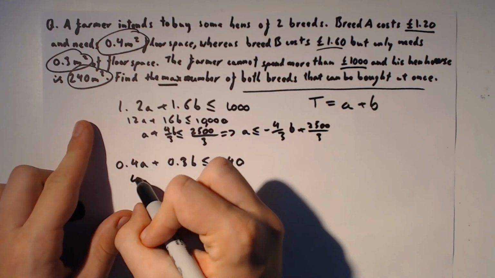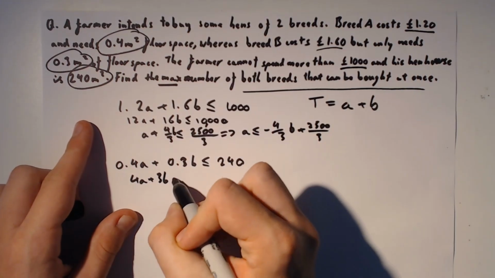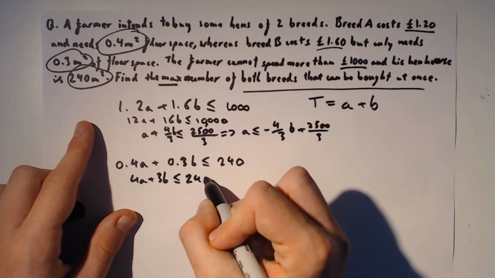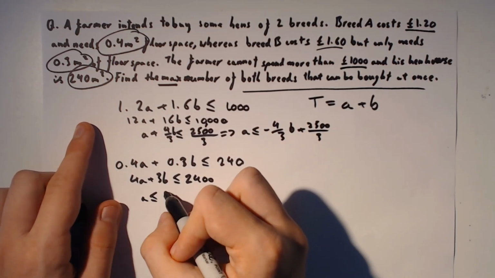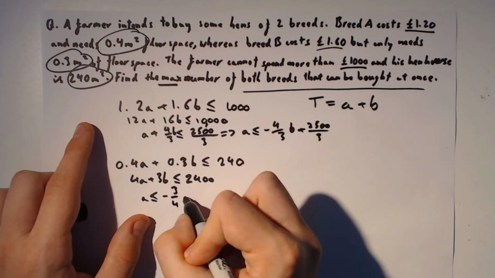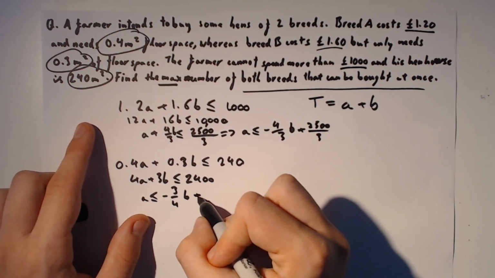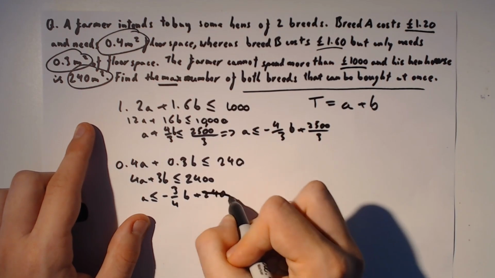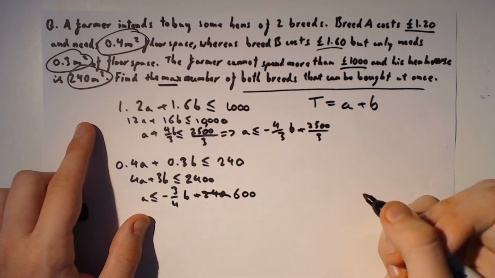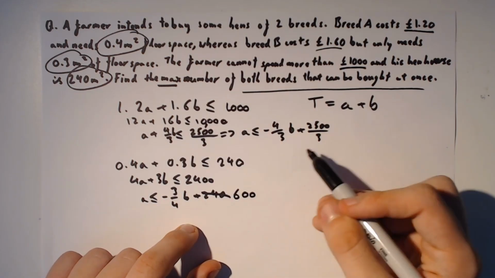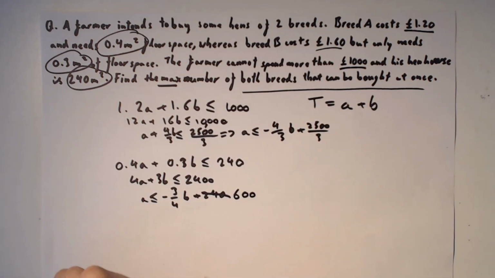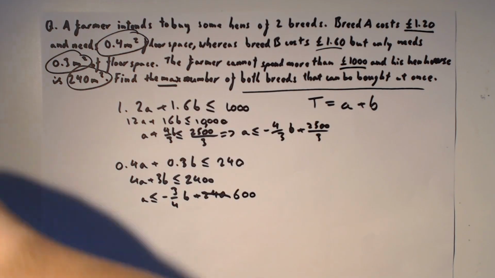And for this one, it's more simple, multiplied by 10, divided by 4. There we go. So there's our two different lines that we're going to plot on this conveniently already made graph.